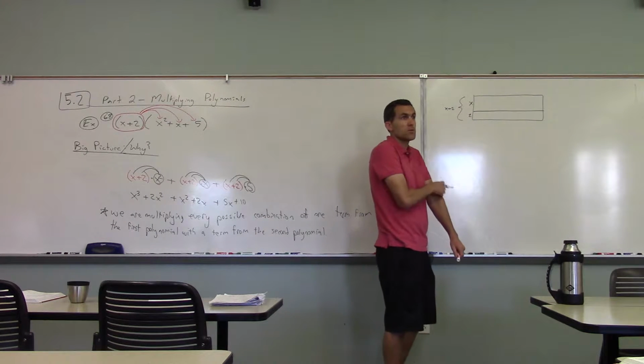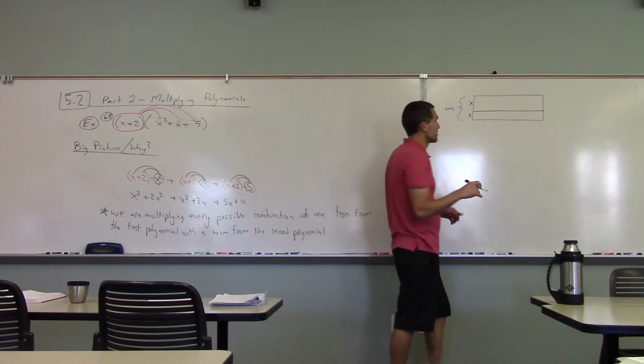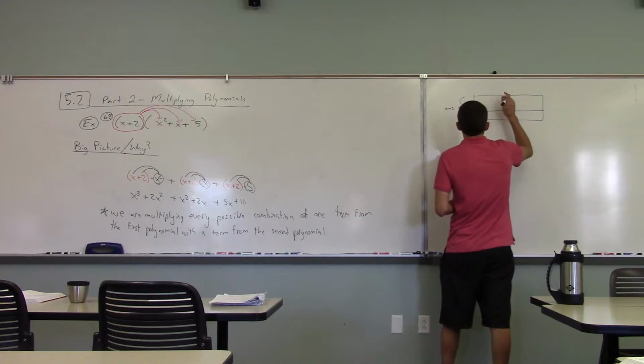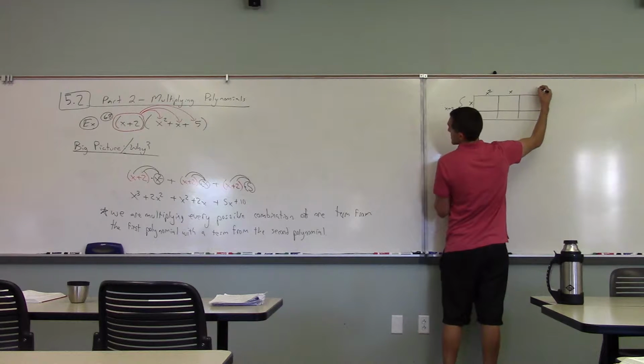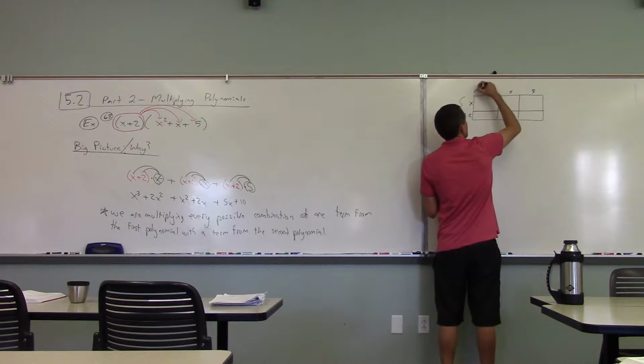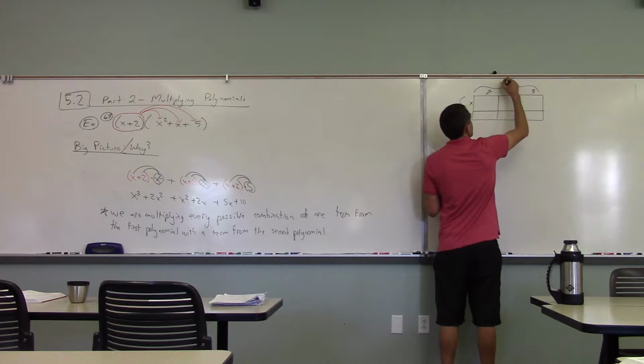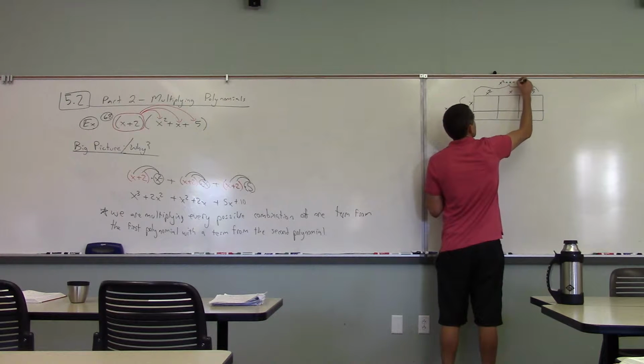This might be hard for some people to grasp. If you don't grasp it, whatever. On the other side, let's take some length and say this is length x squared, this is length x, and this is length 5. So total, this side is x squared plus x plus 5 long.